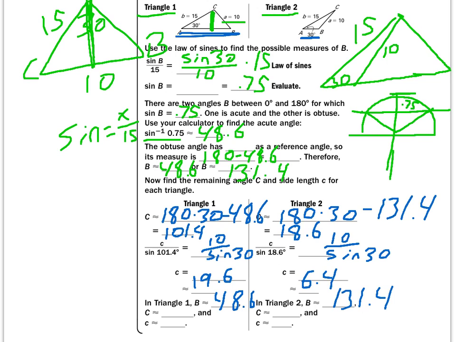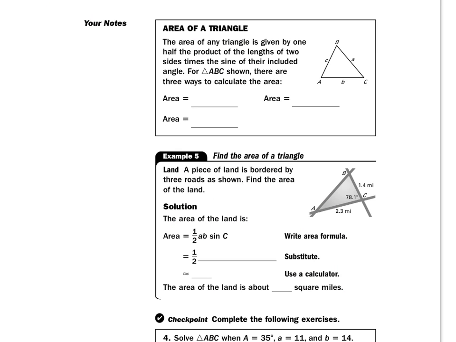A lot of work. Alright, this is going to be a little break from that stuff, although it's all really related. We have a new formula for finding the area of a triangle. And for this formula, there's three of them actually. One of them is 1/2 BC sine of A, and the others are all related to it. 1/2 AC sine of, which one do I not have in there yet?